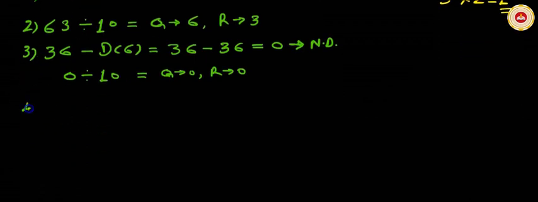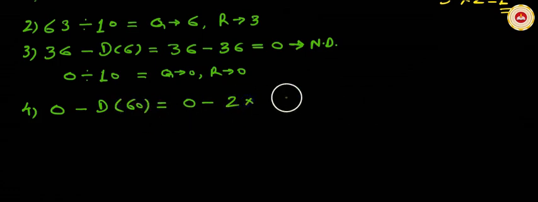Step number 4: this 0 is gross dividend minus duplex of 60, which is equal to 0 minus. How to calculate the duplex of a two digit number? See, 2 times the product of these two digits, 6 multiplied by 0, which gives you 0. 0 minus 0 is 0, and this 0 is our net dividend.